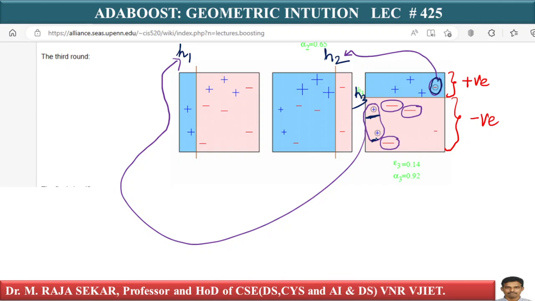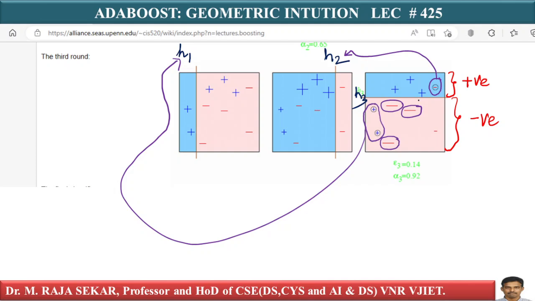But these two positive points would have been taken care of by H1, isn't it?